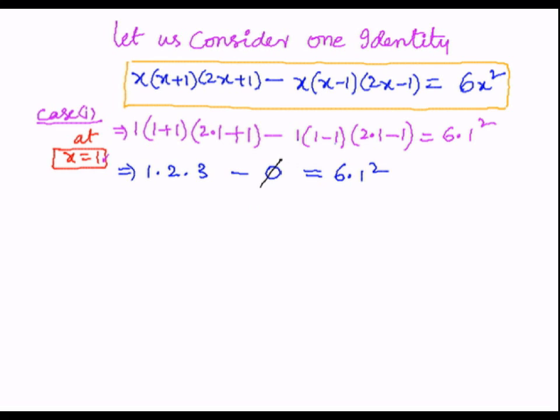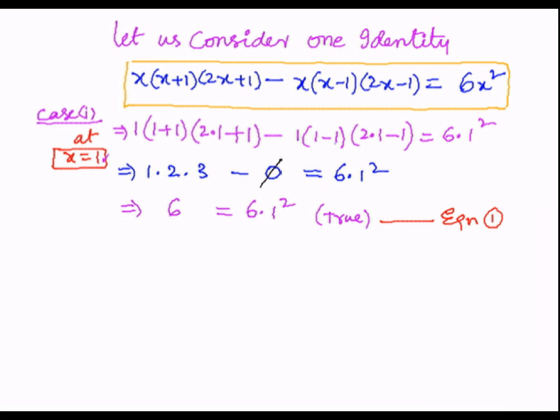Then the next logical step: 3 2's is 6, 6 into 1 is 6, which equals 6 into 1 square. 1 square is 1, 1 into 6 is 6. So 6 equals 6 into 1 square. Both sides are equal, which is true. The condition is true. Let us write this as equation number 1.